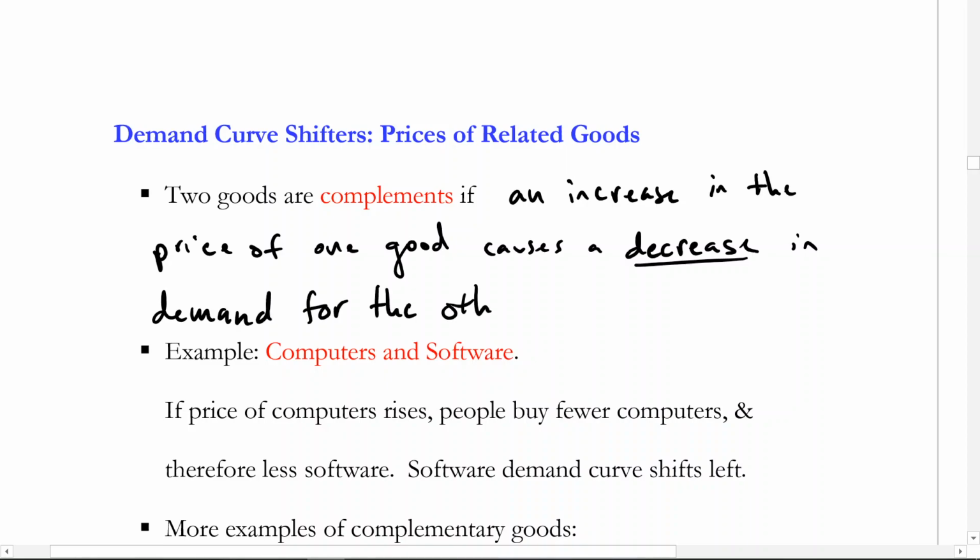Okay, so the main difference here is that with substitutes, if the price increases for one good, it causes an increase in demand for the other. Complements, things that go together, if there's an increase in the price of one good, it causes a decrease in the demand for the other.